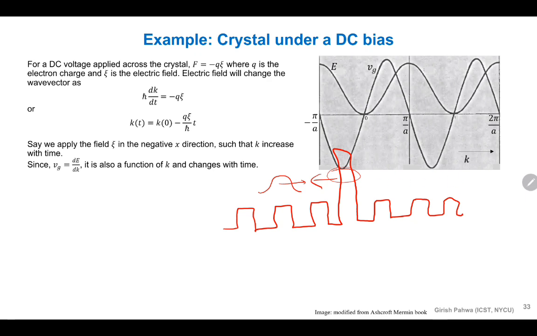So as you apply the force, the wave packet picks up a small value of k. If it was an ideal crystal, the k might have been changing with time unlimitedly, right? But here, you pick up some k, and before you even reach, say somewhere here or even here, you get bumped, you get scattered.